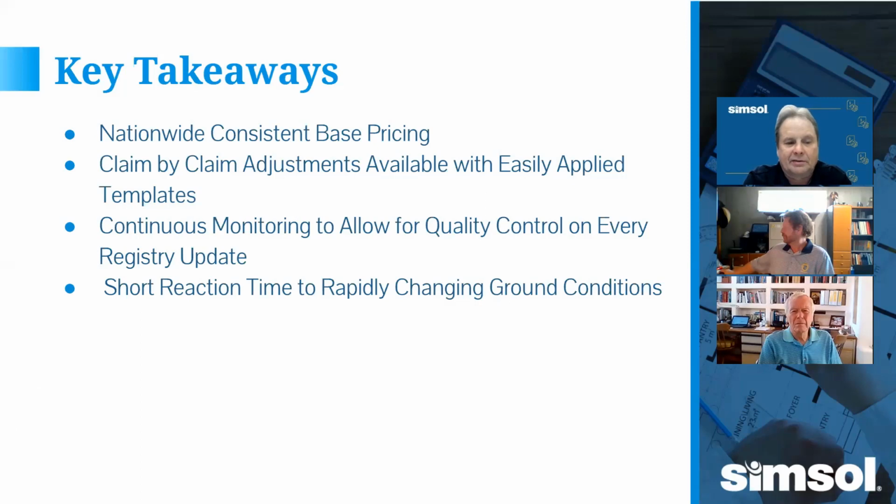Again, we left the monitoring in our claims data warehouse so that if anything was to go wrong or go out of the limits that we have set, it would pop up and allow us to figure out what's going on. All of this allows us to have a short reaction time to rapidly changing ground conditions. And anybody that's worked a CAT, whether it's small, medium, large, it doesn't matter, one tornado or a big hurricane, you're going to have changes.